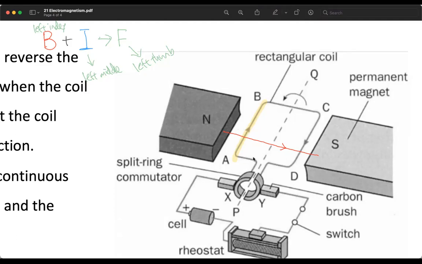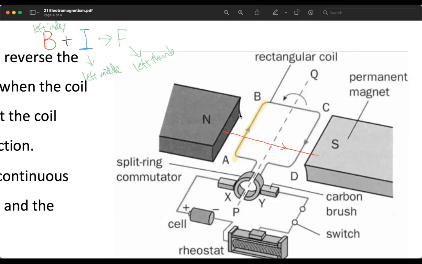I want you to watch this whole video one more time. The magnetic field is from left to right, represented by the red color line. So let your red color line be your left index finger. The current is moving from A to B. So let your left middle finger be your A to B. Then your resulting force is your left thumb.